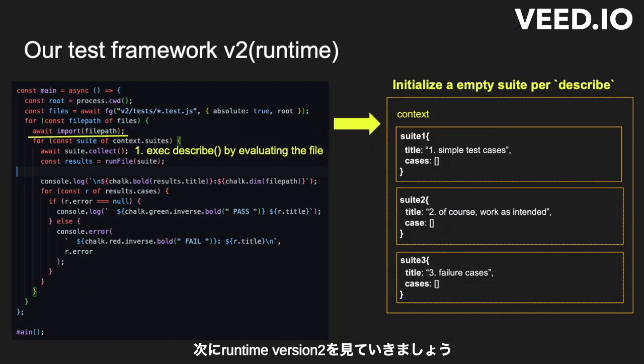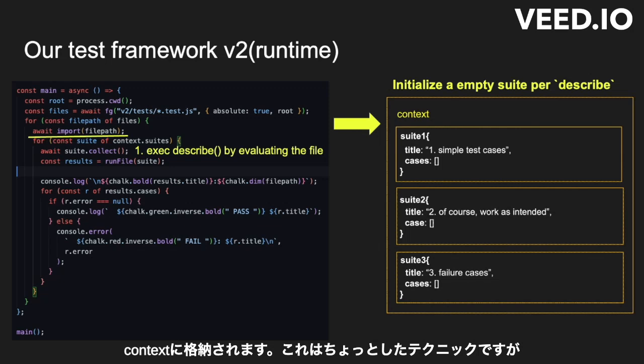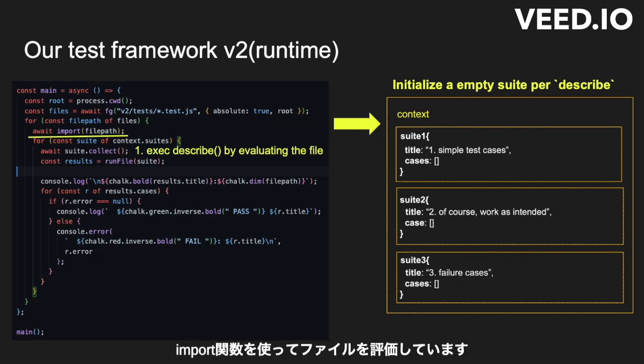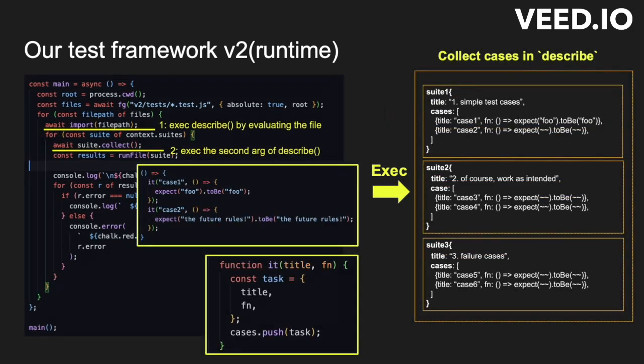Next, let's look at runtime. Evaluating the test file and executing describe. One suite object is initialized per describe and stored in the context like this. This is a bit of a technique, but instead of using the import function built in JS, we use the import function to evaluate the code. The next step is to execute the collect function of the suite.